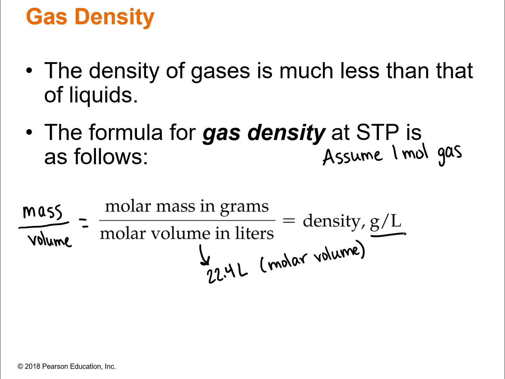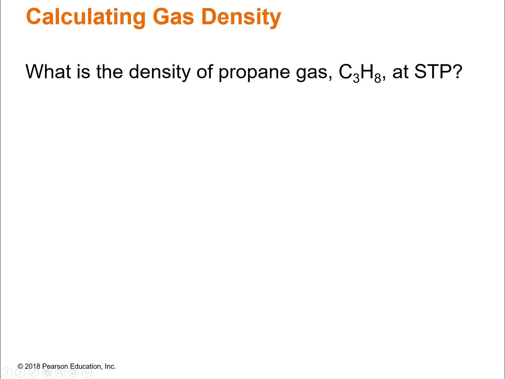Again, it's my preference to show you what this means through a problem. So if this doesn't make sense just by seeing it on the slide, hopefully doing a sample problem will help sort that out for you. What is the density of propane gas at STP?